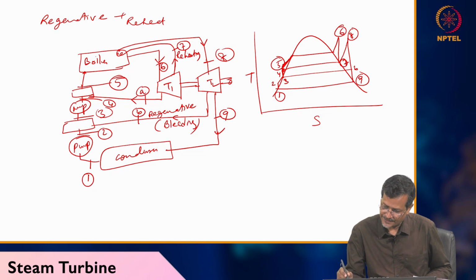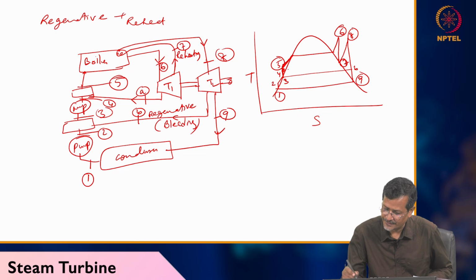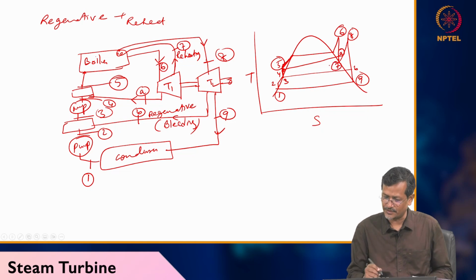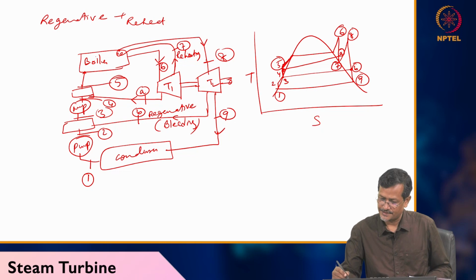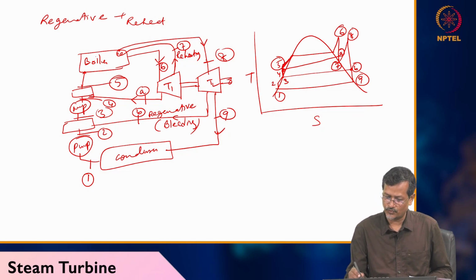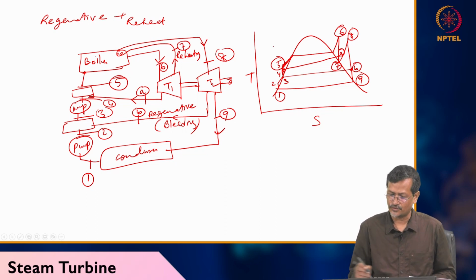I'll put A here, because this is 7, otherwise there will be confusion. This is the B point. This is 6, 7, 8, 9, 9 to 1, 1 to 2, 2 to 3, 3 to 4, 4 to 5, 5 to 6. So this way you can draw the TS diagram.